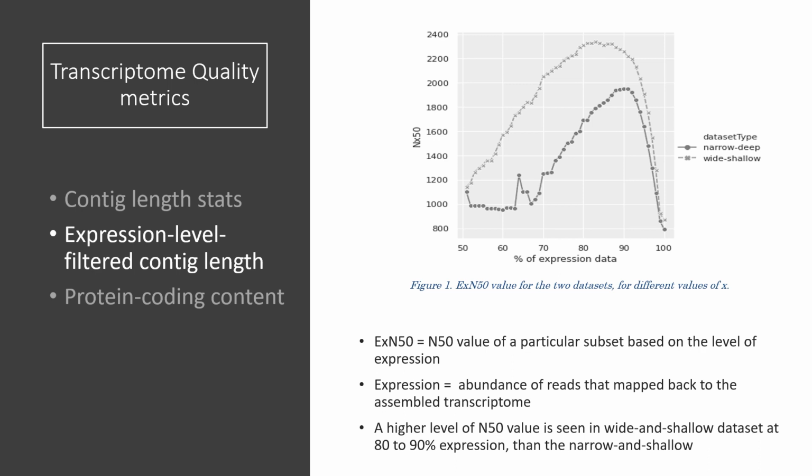Typically what we want is to have long contigs, so that's a high N50 value with a high level of expression. In our data, a higher N50 value is seen for the wide and shallow than the narrow and deep. So this means that most of the contigs here are more contiguous at 80 to 90% expression.